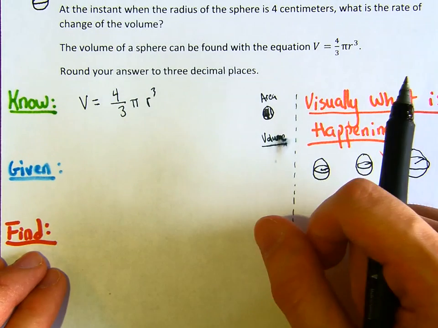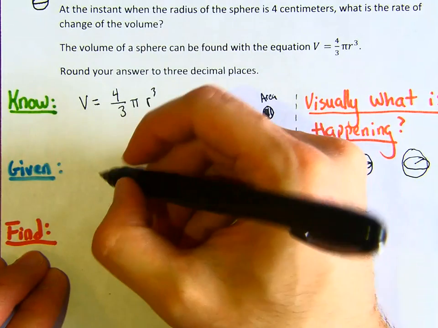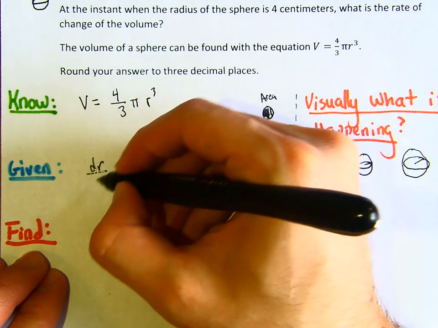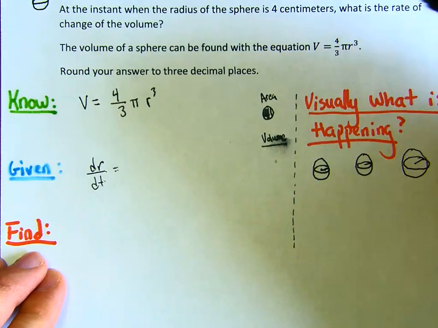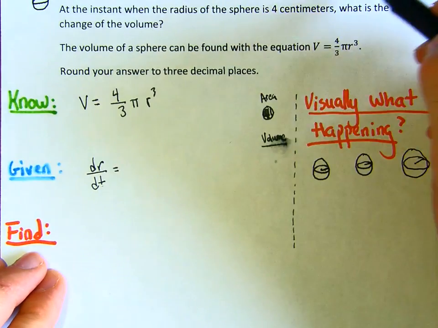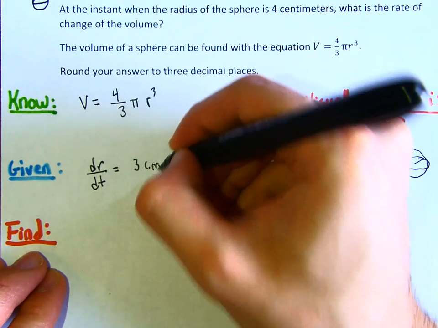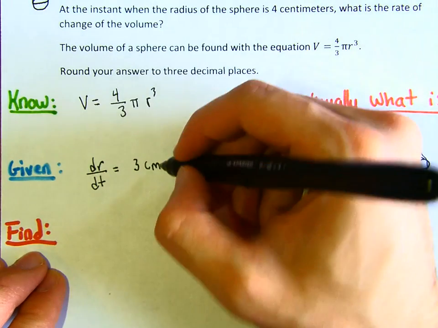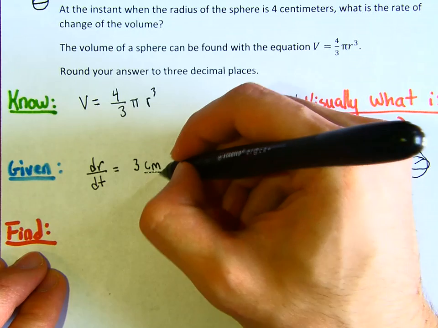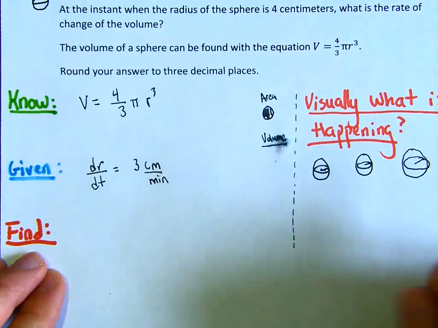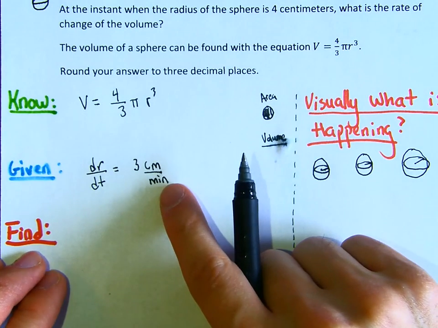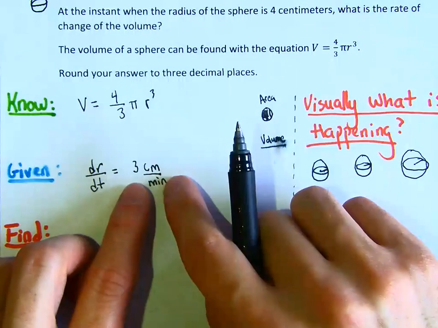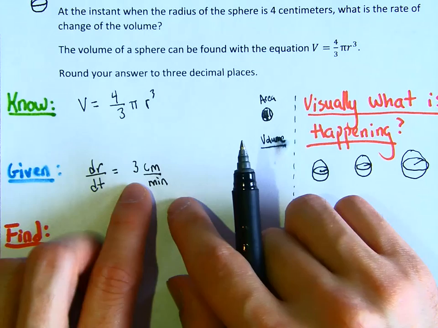The radius of the sphere, r, is changing over time, so dr/dt is equal to a positive 3 centimeters per minute. Every minute the radius of the sphere is increasing by 3 centimeters.